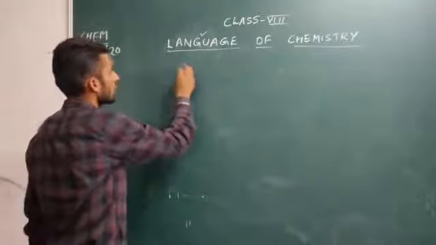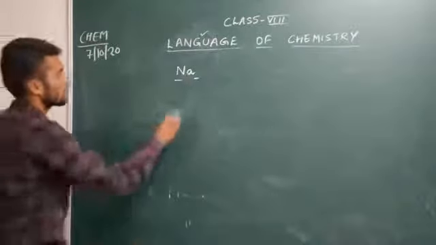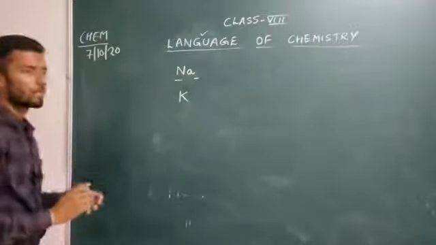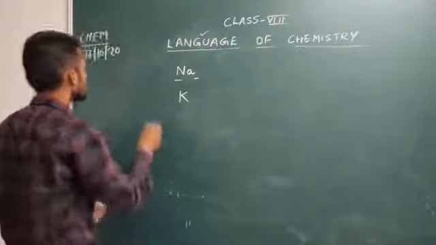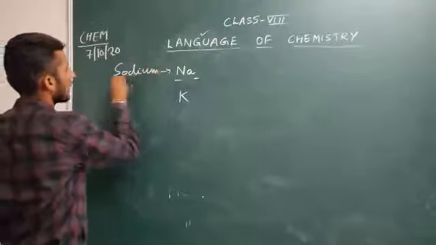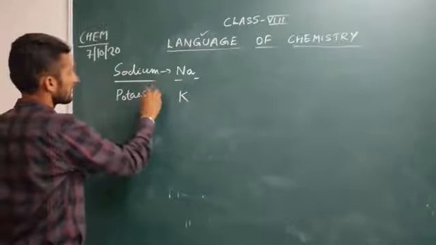So based on that, we have different elements whose symbols have been derived from their Latin or Greek names. Like sodium, it has the symbol Na. Similarly, potassium has the symbol K.